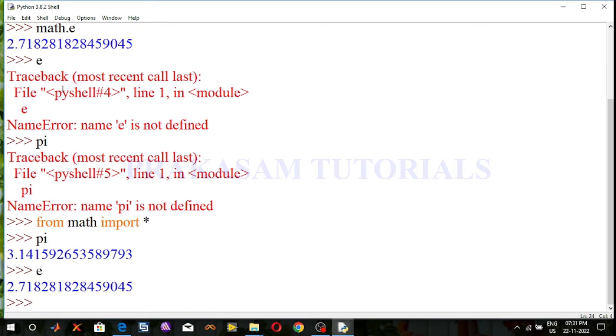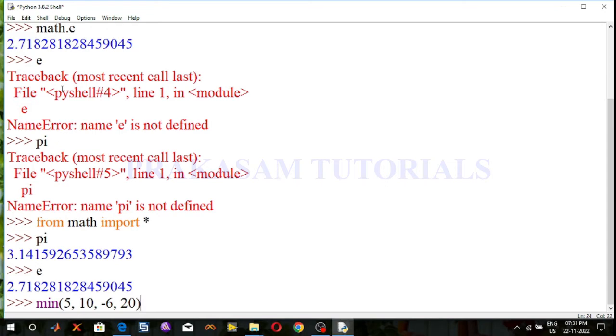Now let's find the minimum and maximum functions in Python. The minimum and maximum functions can be used to find the lowest value or the highest value in an iterable. For example, minimum of 5, 10, minus 6, 20. What is the minimum value of these numbers?